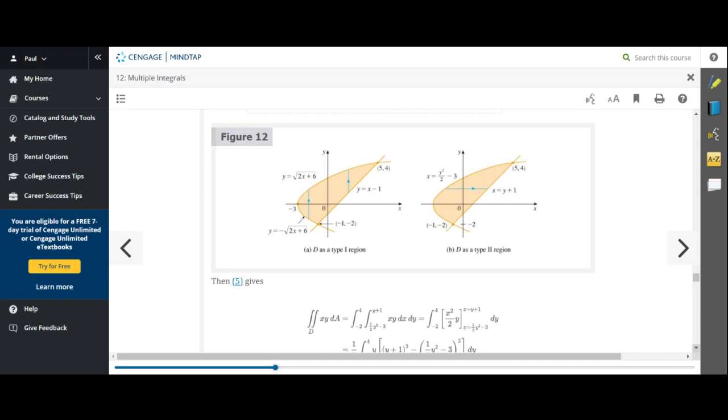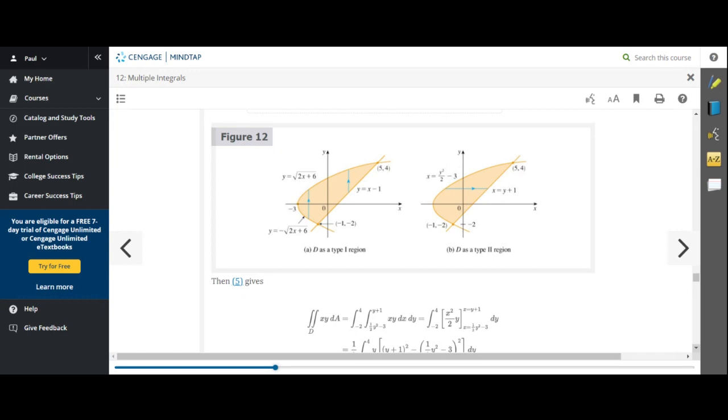But what happens in figure 12a when you treat region D as a type 1 region? The function on the bottom changes from the parabola to the line, y equals x minus 1.